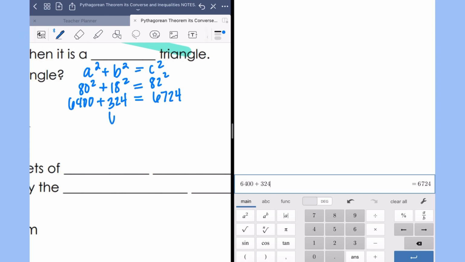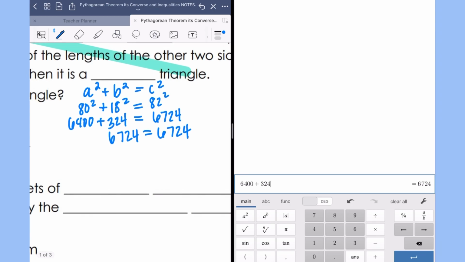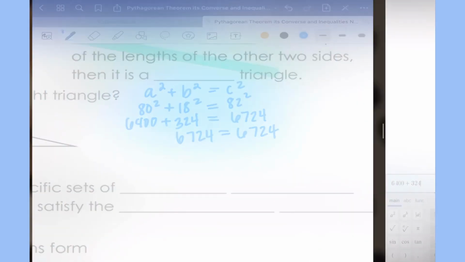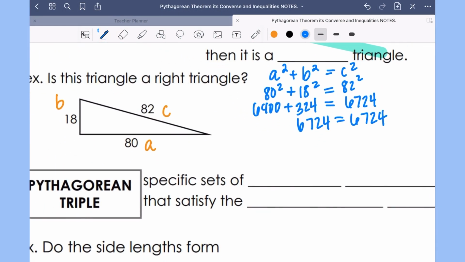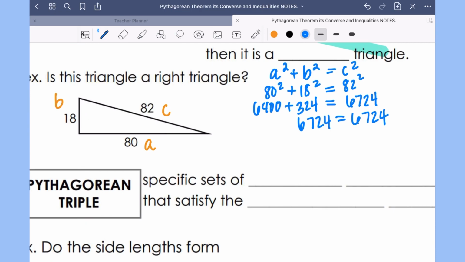And now we can see that it is equal to the hypotenuse squared, which was 82. So the two legs squared plus the hypotenuse squared are equal. So is it a right triangle? Yes, it is.